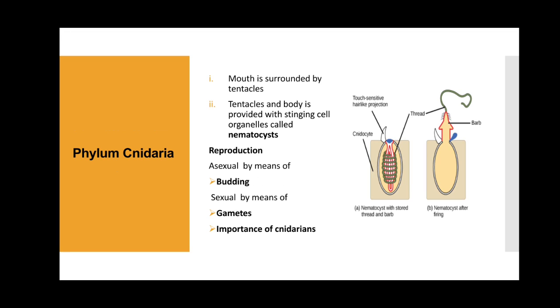Nematocysts are spherical capsules which are produced externally by cnidarians. These capsules have been shown in the diagram. You can see it has three regions: a barb, lid, and a thread.